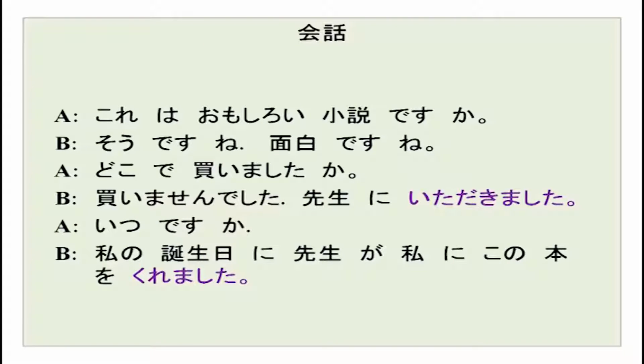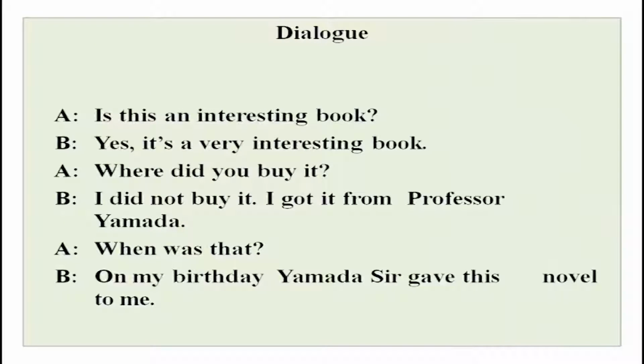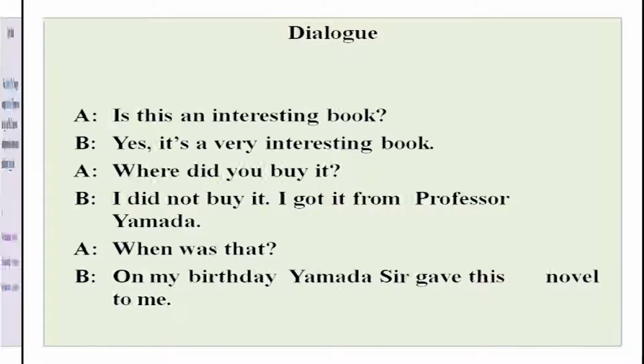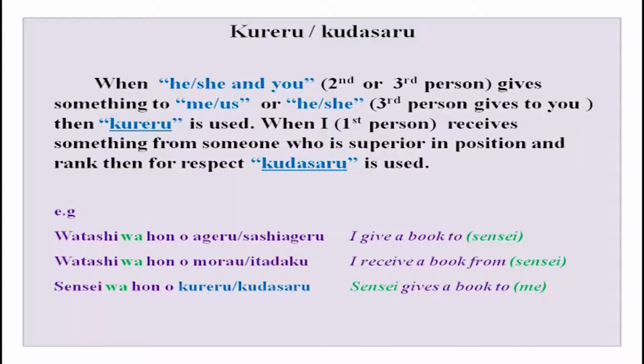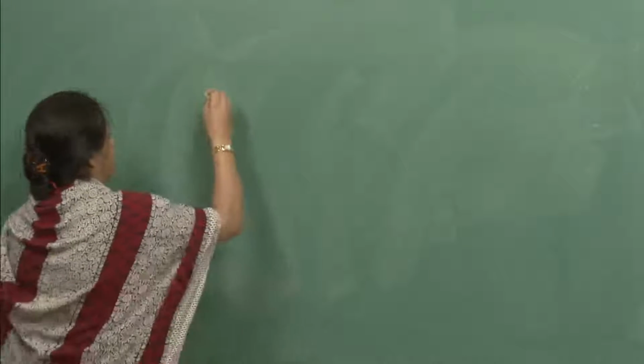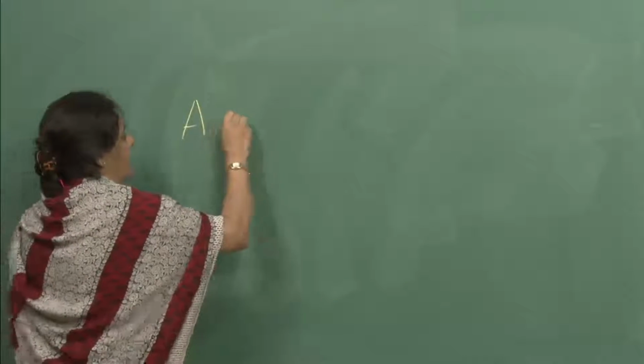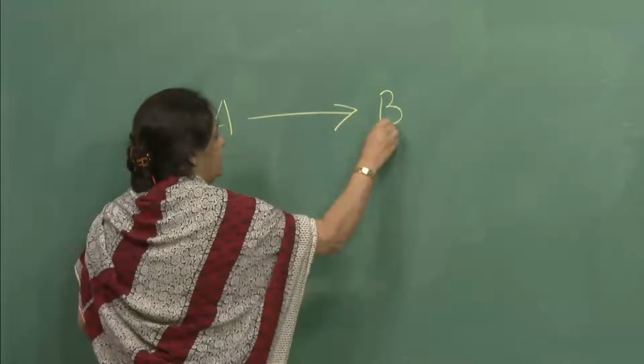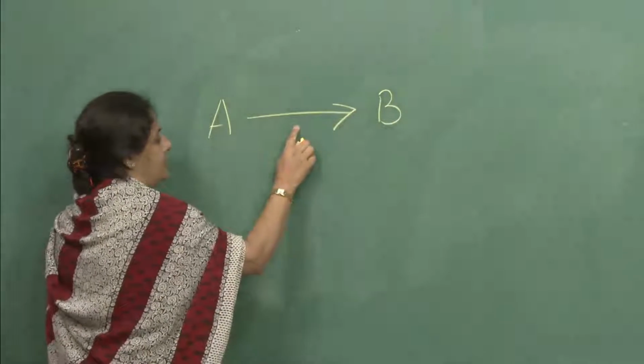This is in the script, you can see, and this is the translation. May not be literal translation because it may change the meaning. It is what you would say in English. Well, kudasaru and kureru. Now, you can read what is written over there, but A gives to B. A wa B ni ageru.